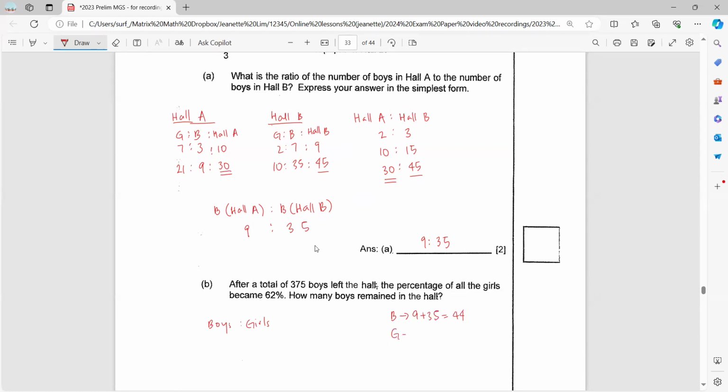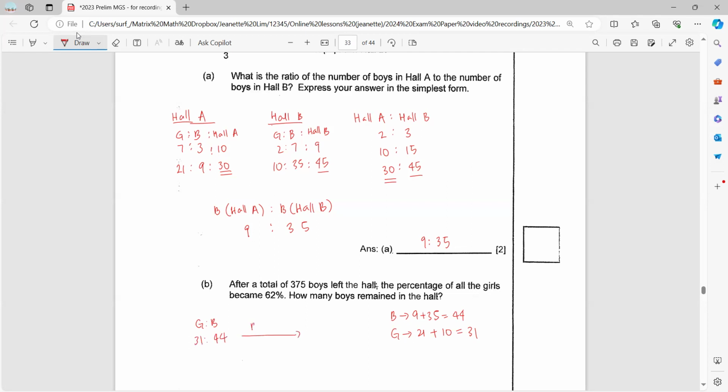Then for the girls will be 21 units plus 10, 31. So from here, 21 and 10, then the boys is 9 and 35. So the ratio we have at first is 44, 31. Okay, maybe let's do girls to boys, 31 to 44.